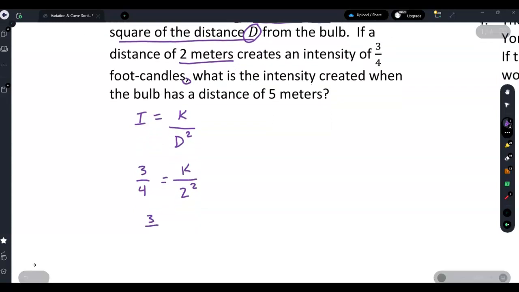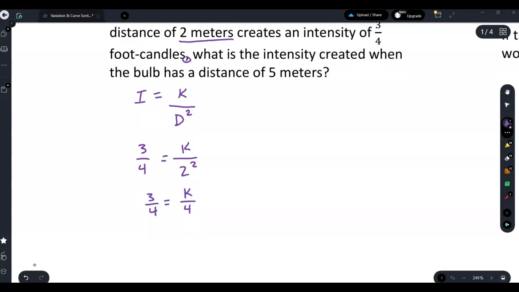So I could say 3/4 equals k over 4, since 2 squared is 4. You have several choices on how to solve this. When you've got two fractions equal to each other, you could cross multiply. You would get 3 times 4 is 12, and 4 times k would be 4k, and then you divide both sides by 4, and you get k equals 3.